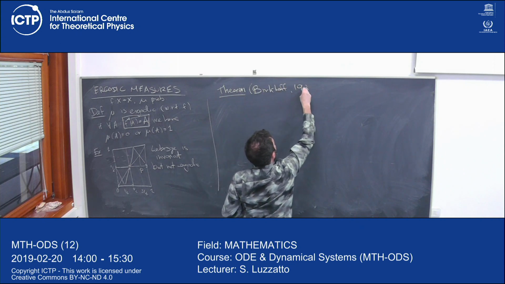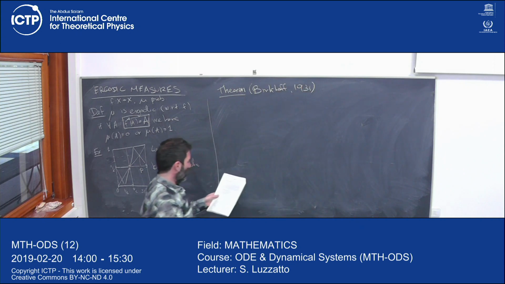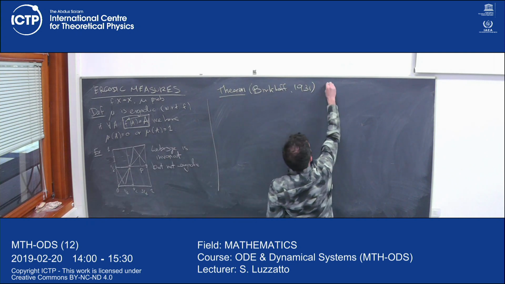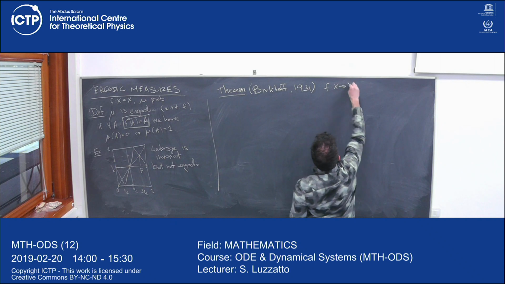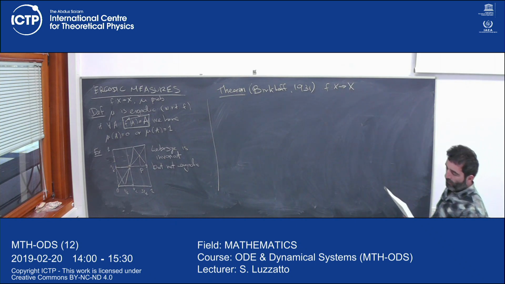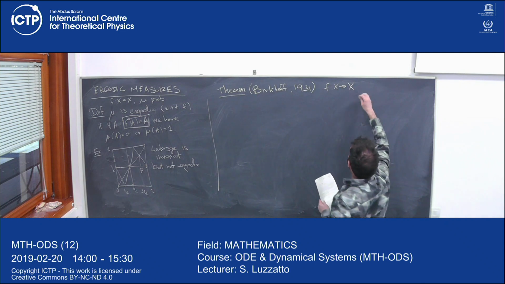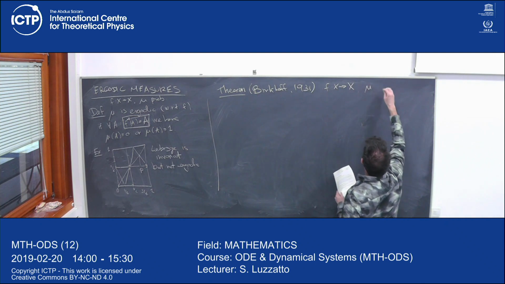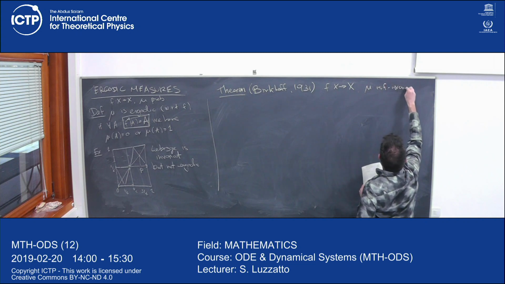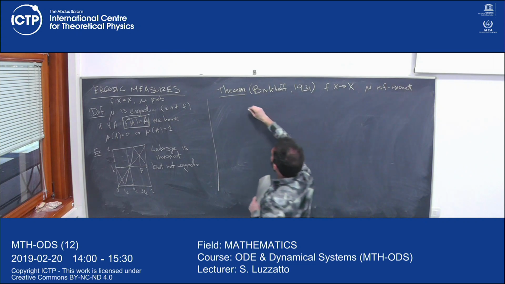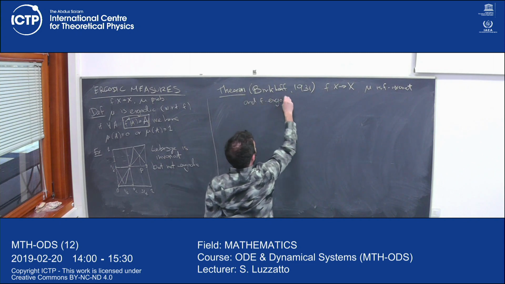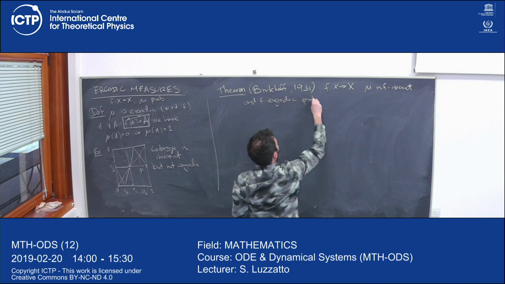Birkhoff, again, this is from the 1930s, I think 1931, says that, okay, we have f: X to X. In this case, X just needs to be a measure space, f just needs to be a measurable function, and mu is f invariant and f ergodic, or just an invariant and ergodic probability measure.